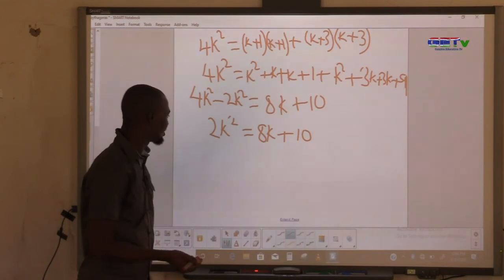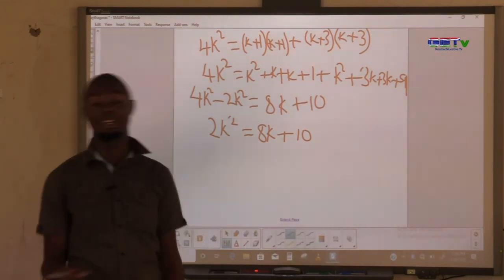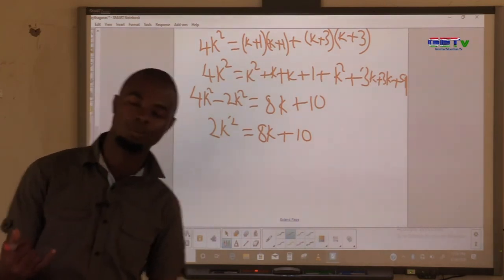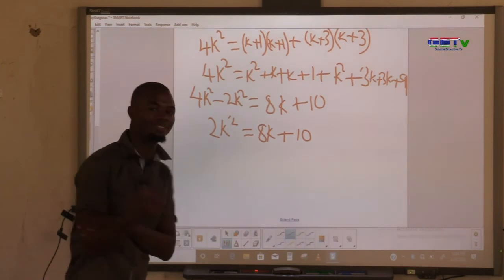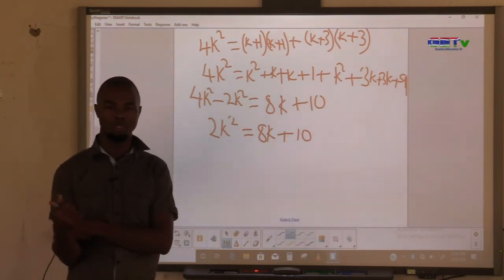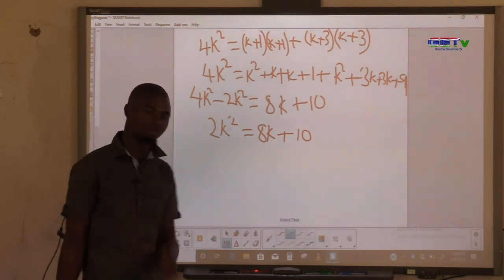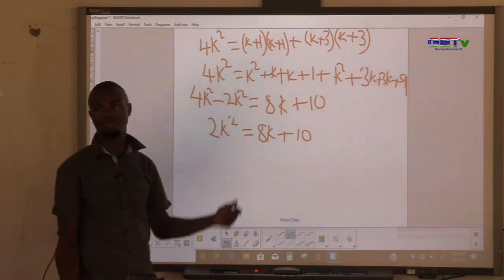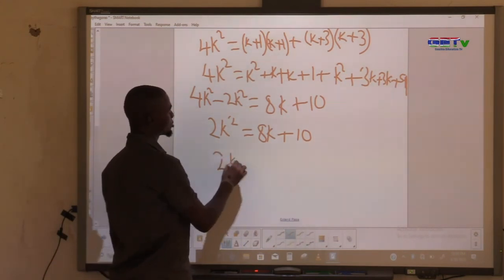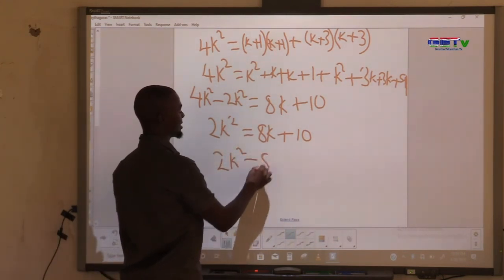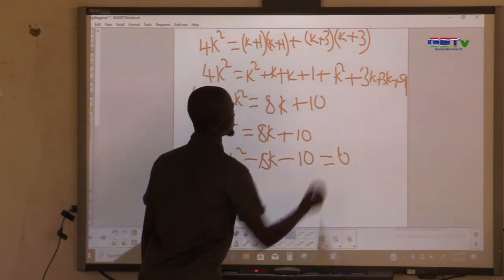The highest power of the variable is 2. So if you have an equation where the highest power of the variable is 2, what type of equation is that? It is a quadratic equation. So we have to solve it using the quadratic format. To write it in standard form, we will have 2k square minus 8k minus 10 is equal to 0.